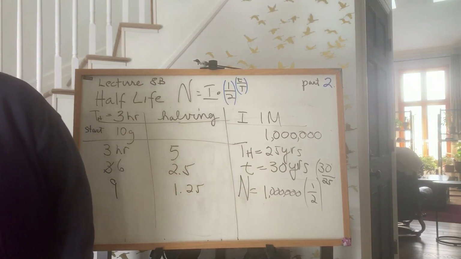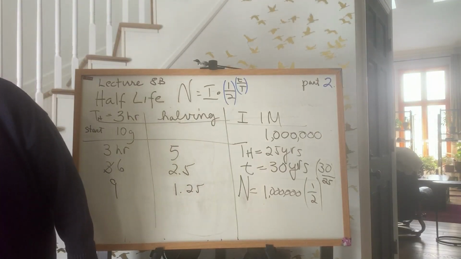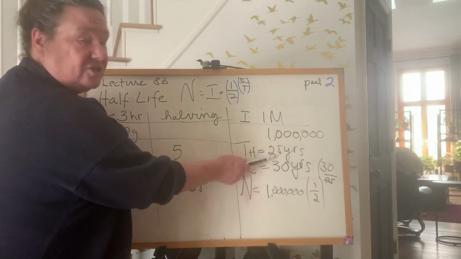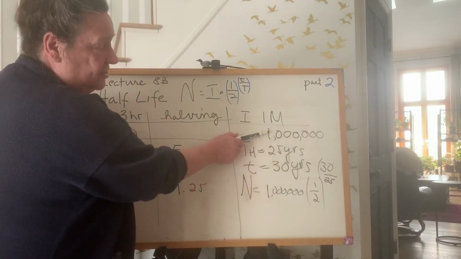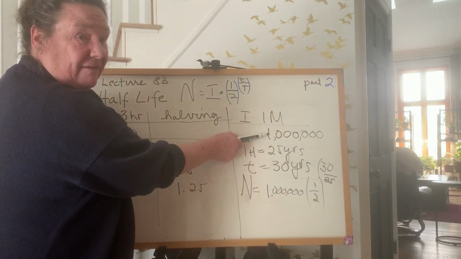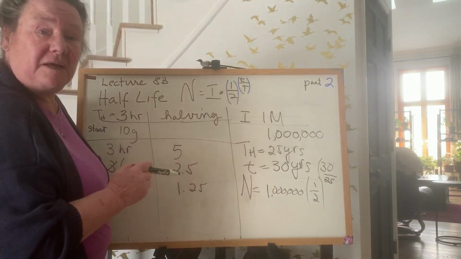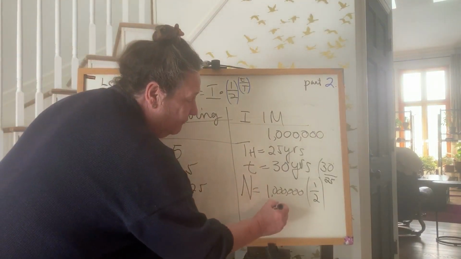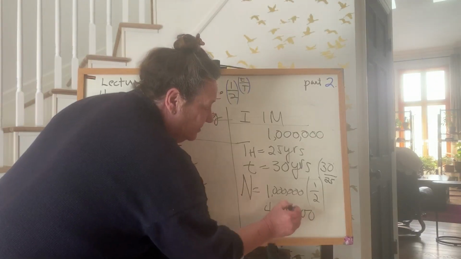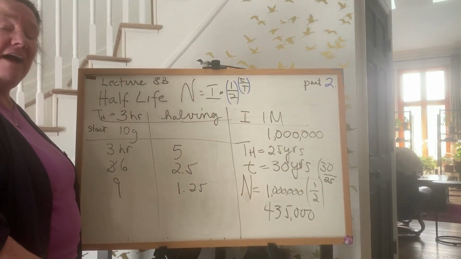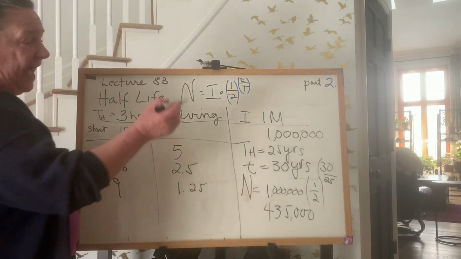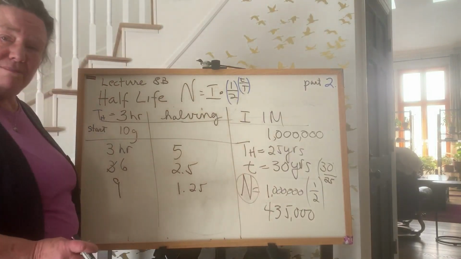Okay, the answer to number 46 is, well, 30 years is just a little bit more than 25, so if 25 years makes it 500,000, 30 years should be just a little bit less, and it's about 435,000 animals, which is just a little bit less than 500,000. So that's the half-life. Okay, that is finding the new amount.